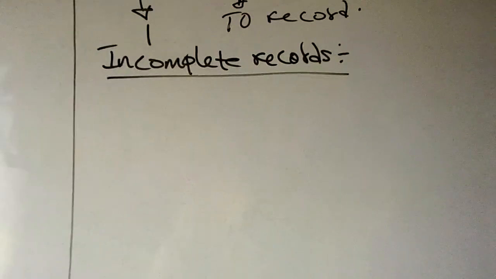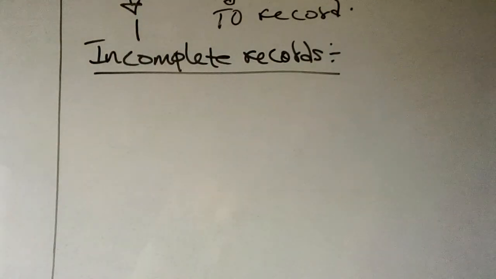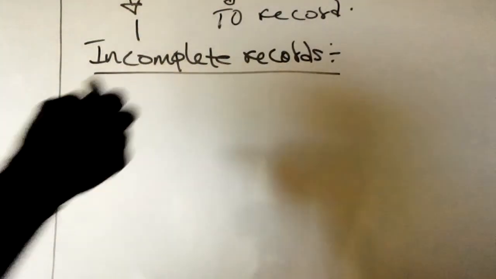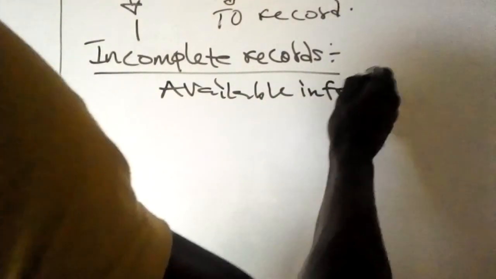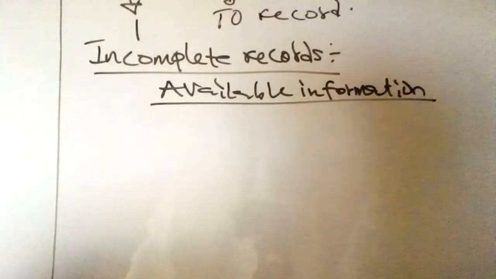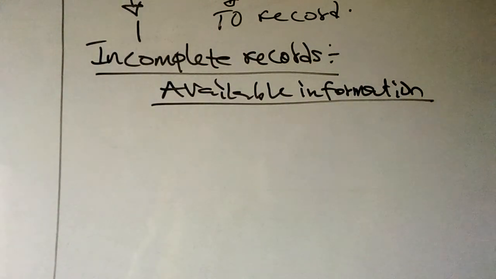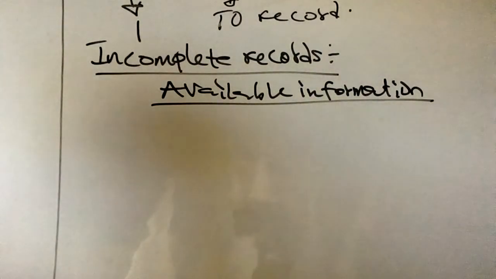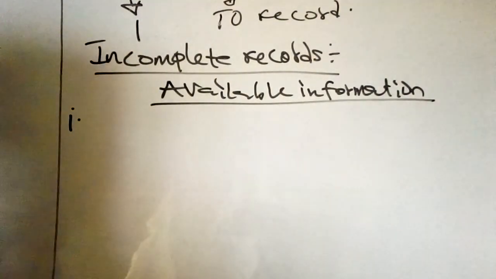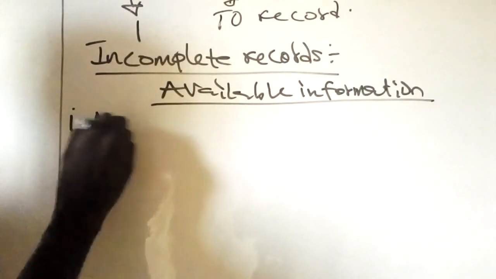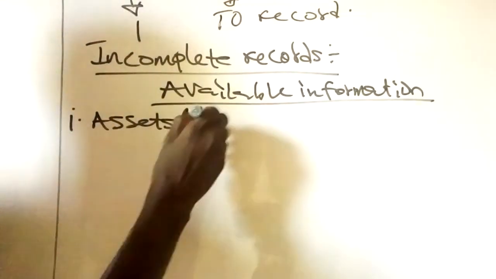What is the information that will be provided in incomplete records questions? Available information. I've told you that there may be no records at all, or in some cases there will be records, but these records will not be enough to prepare the statement of profit or loss. So in an incomplete records question, you'll be given the following: number 1, assets and liabilities at the opening date.